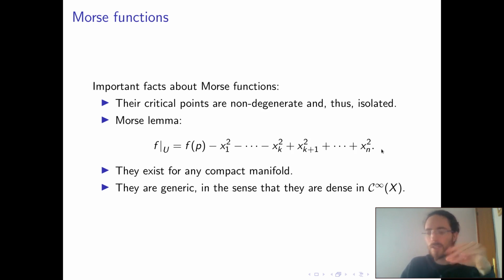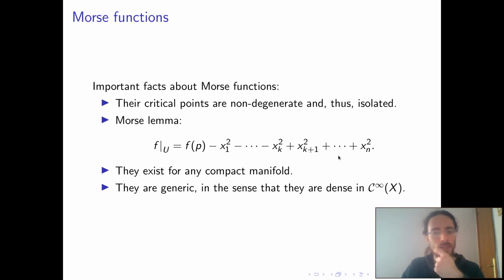And what is remarkable about this is that the number of variables which carry a negative sign here is something that's invariant on the chart, on the Morse chart that you choose. So if you shuffle your variables, if you change your chart in any way, that's still a Morse chart, so this has this form. The number of negative directions, this number k, is invariant. It won't change. And of course, the number of positive directions won't change as well.